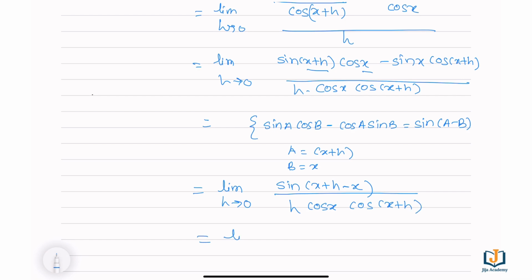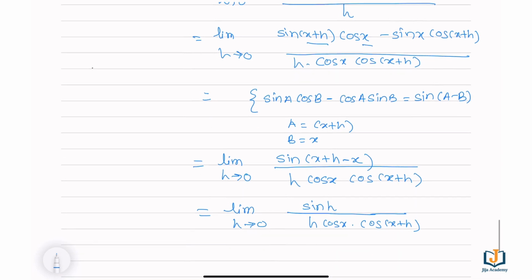So we get here limit h tends to 0 sin h divided by h cos x into cos (x plus h).